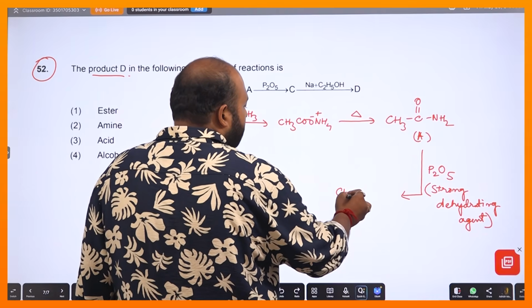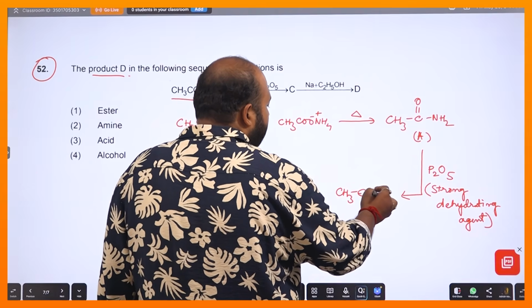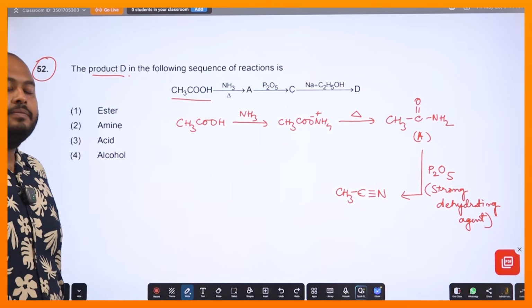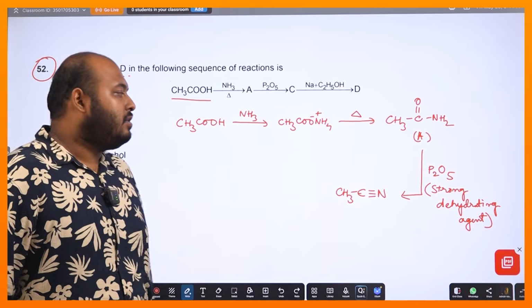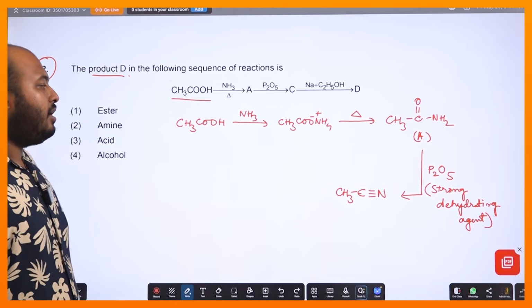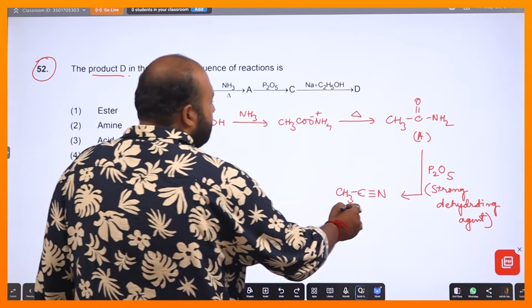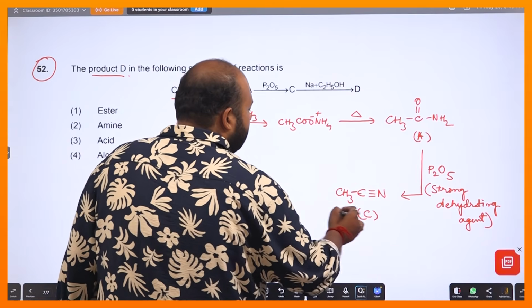So we will be getting a nitrile, CH3 C triple bond N, nitrile or cyanide, and this is our product C.